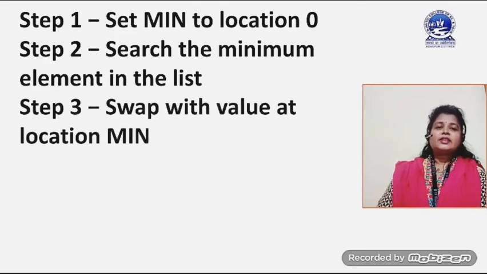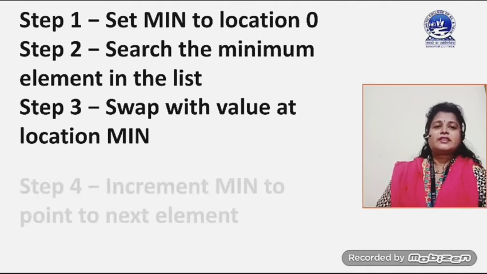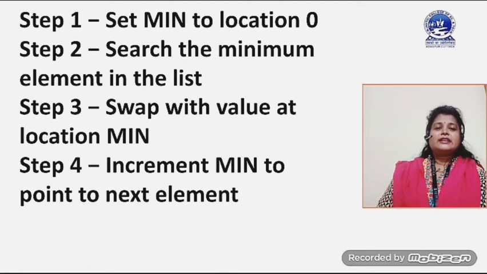Then in step 3, swap the value at the location min. It means that we take the smallest value and put it at location 0 in the first iteration. Then step 4, increment min to point to the next element.